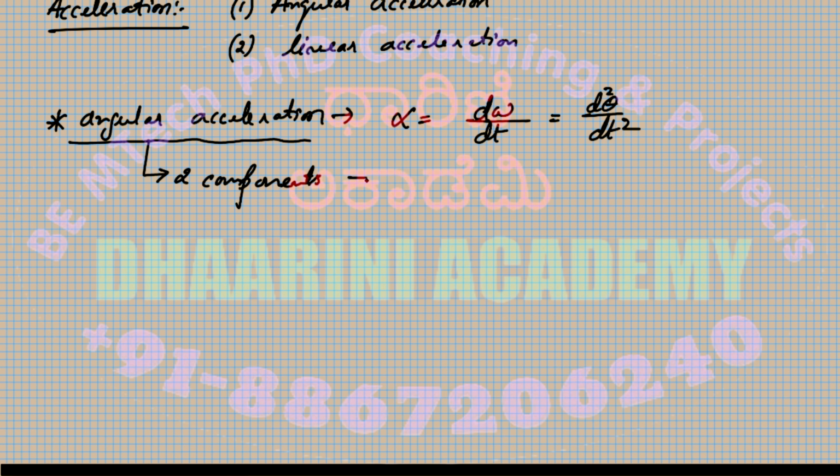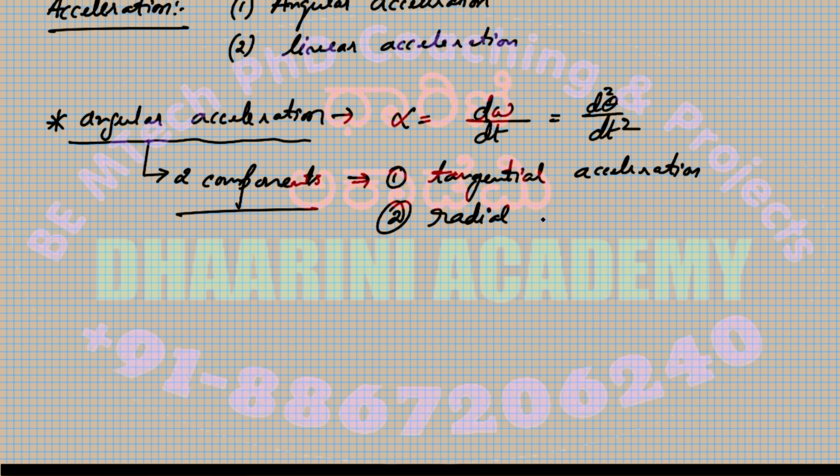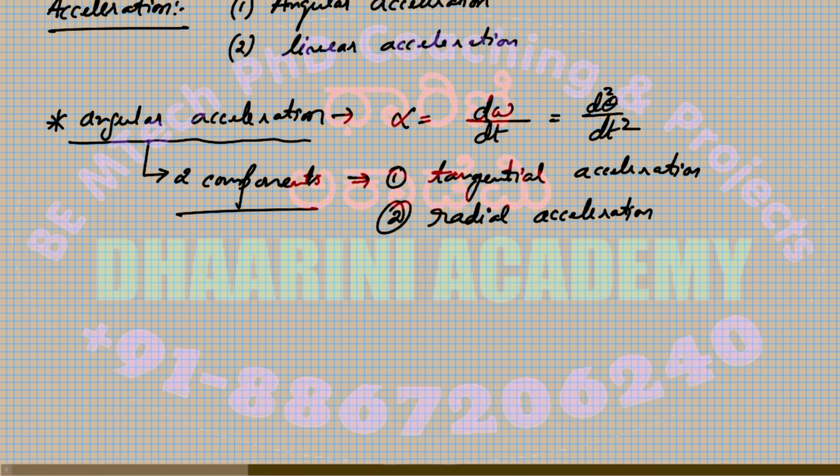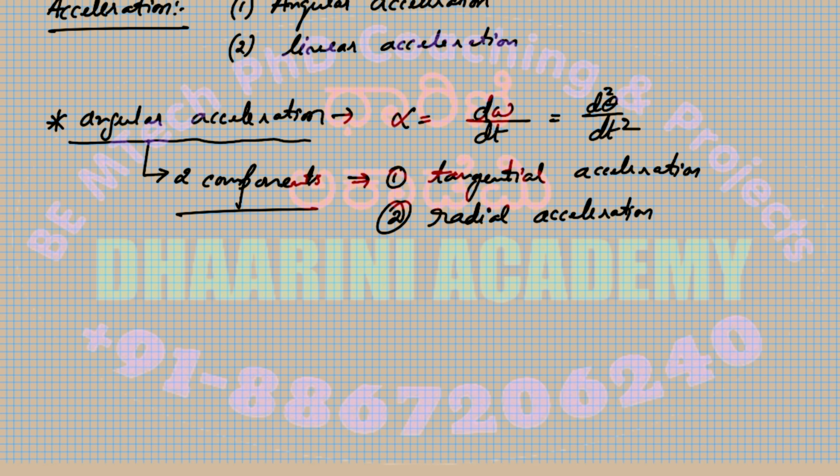The first one is called the tangential acceleration, and the second component of the angular acceleration is called the radial. As the name suggests, tangential is tangent to the direction of motion, and radial is along the radius of the circle.